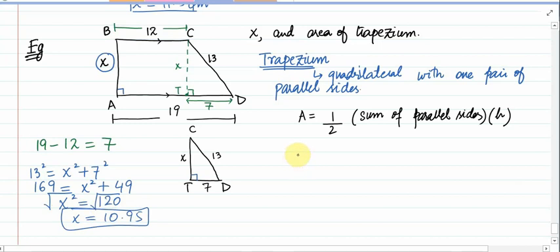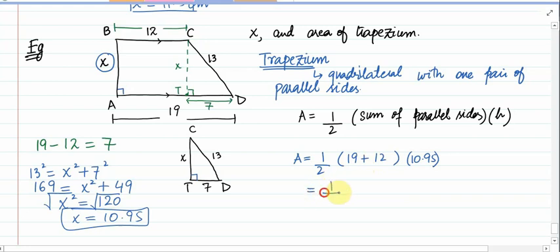Now come back to area. Area is 1 upon 2 times the sum of parallel sides multiplied by height. Height is known, that is 10.95. We have just found it out. Sum of parallel sides: now the parallel sides are 19 and 12. So I am going to write 19 plus 12. Right?